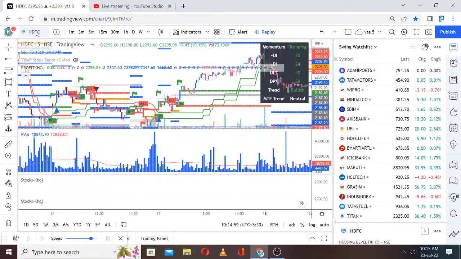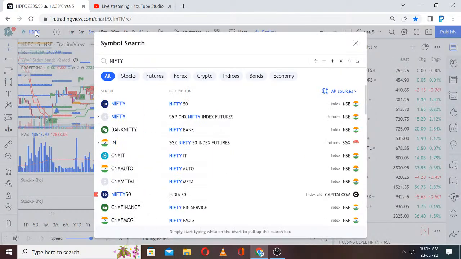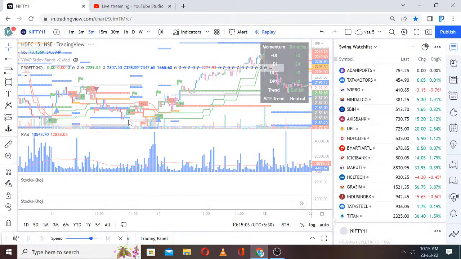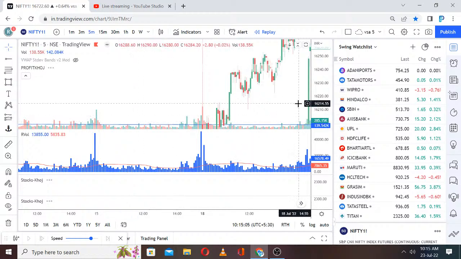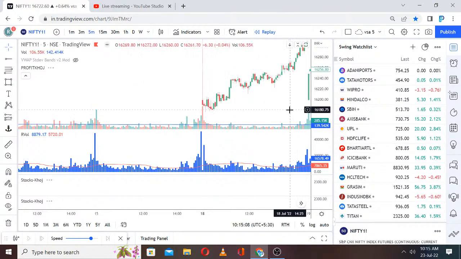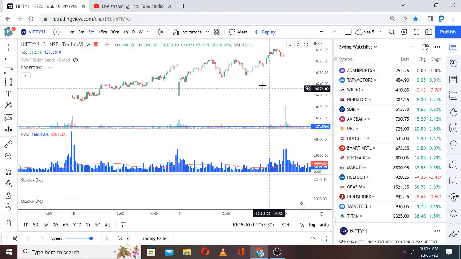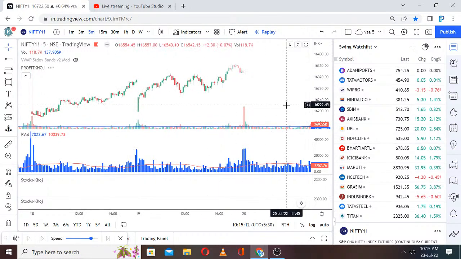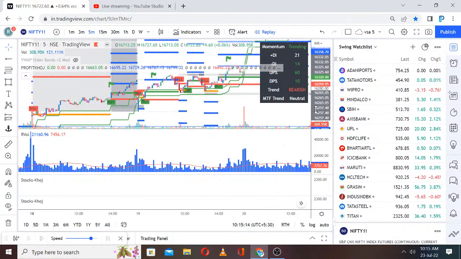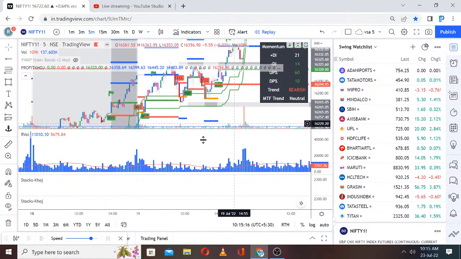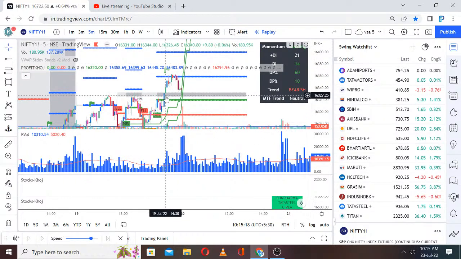In Nifty we are taking the recent breakout, right? See how the indicator is behaving. We have taken this breakout, right? See the relative volume on this candle. It's far less. This is a good breakout.